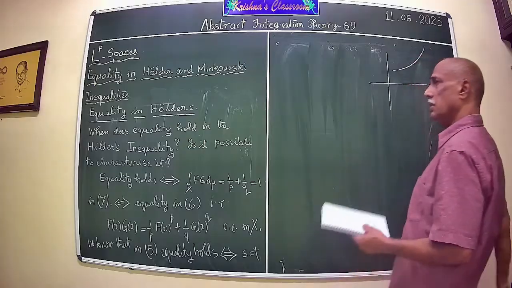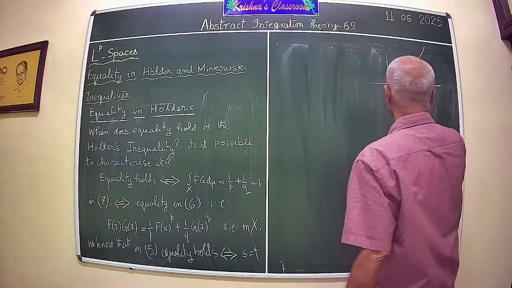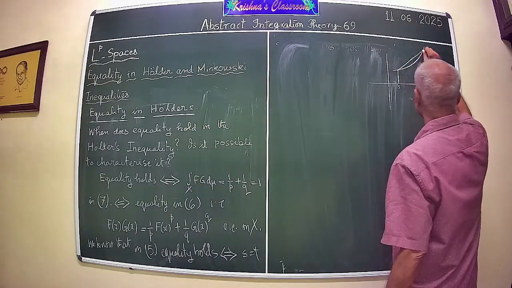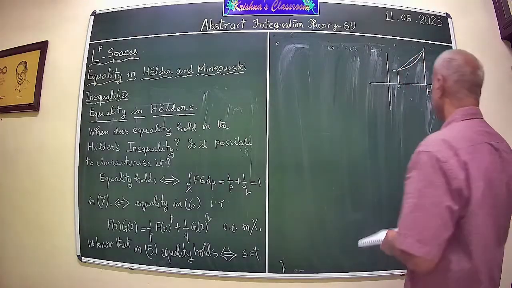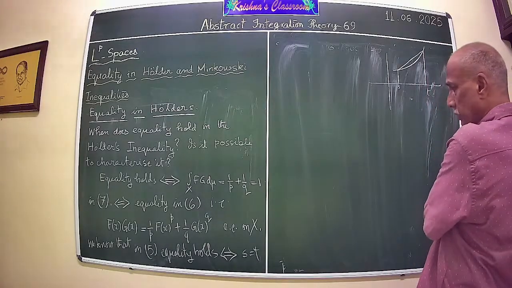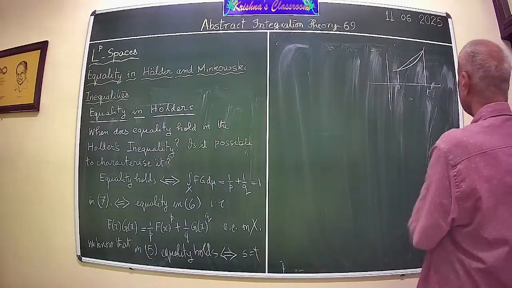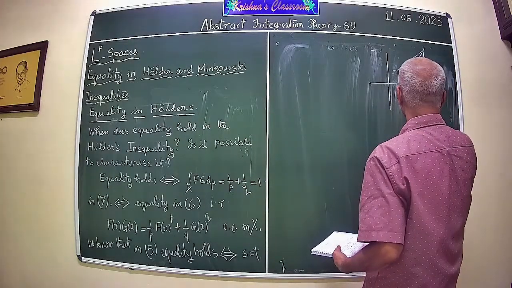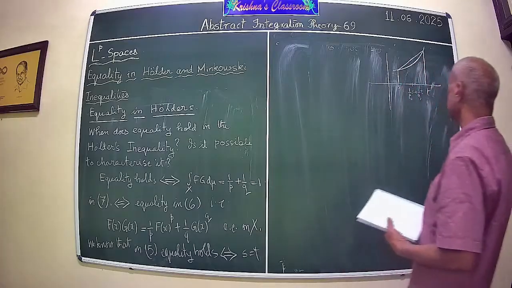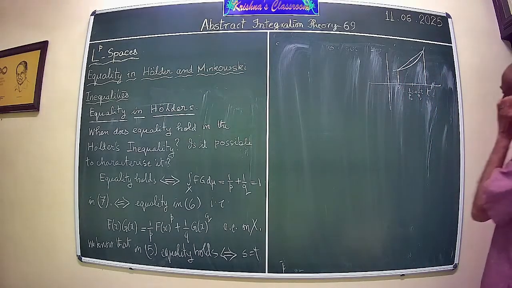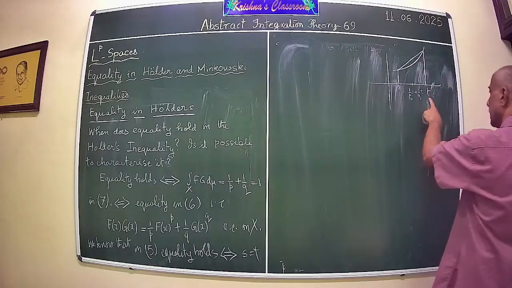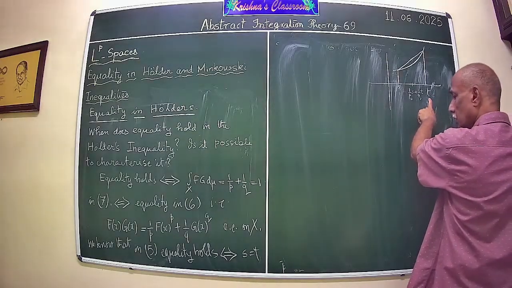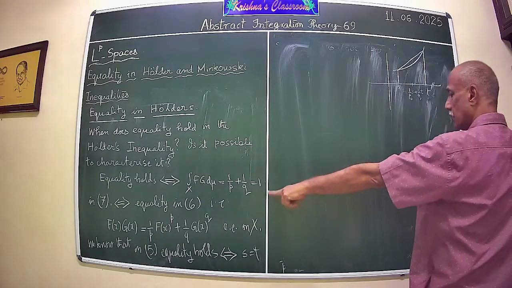You see that this is s, this is t, and this is somewhere here half s plus half t, or 1 by p s plus 1 by q t, is in between. Now you see that if s is strictly less than t, then you don't have equality in that relation.